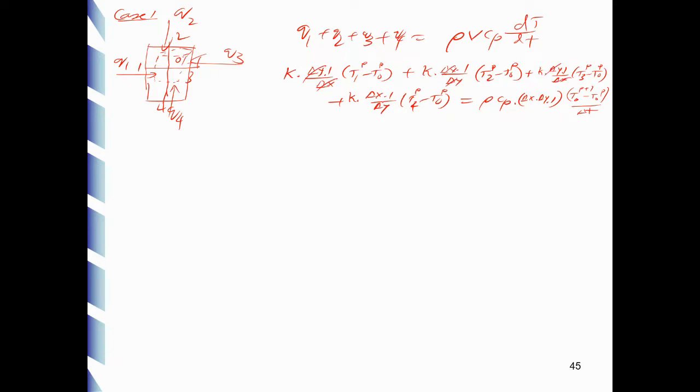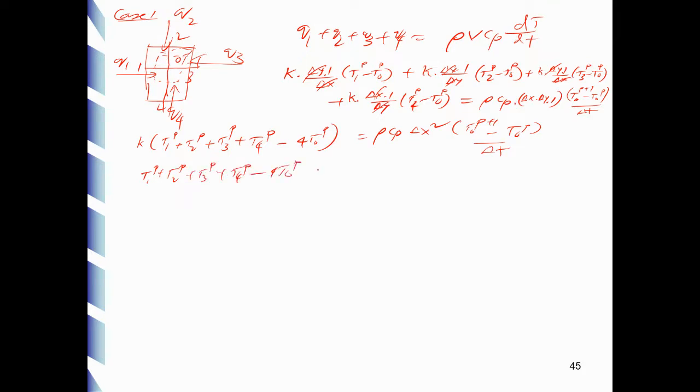So you can simplify this. k times (T1 p plus T2 p plus T3 p plus T4 p minus 4 T0 p) equal to rho Cp delta x squared times (T0 p plus 1 minus T0 p) over delta t. So T1 p plus T2 p plus T3 p plus T4 p minus 4 T0 p equal to rho Cp delta x squared by k times delta t, times (T0 p plus 1 minus T0 p).